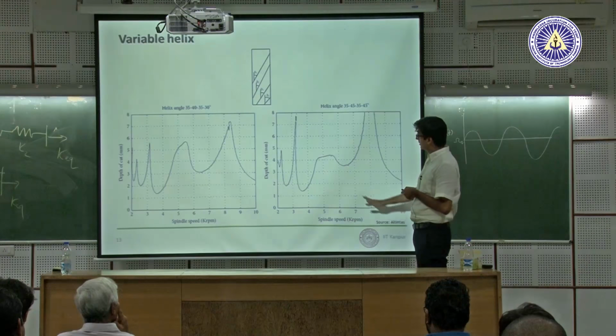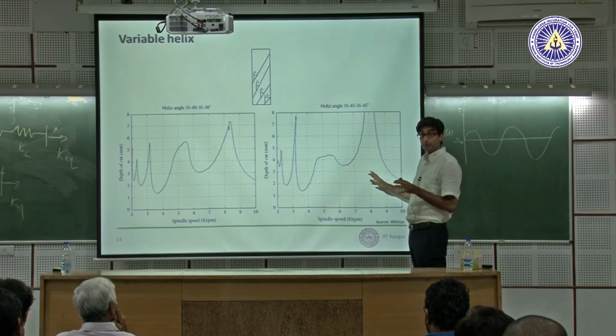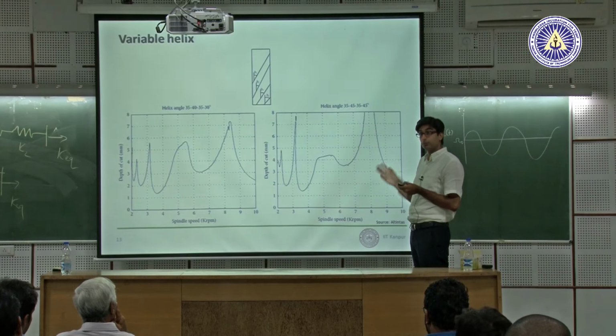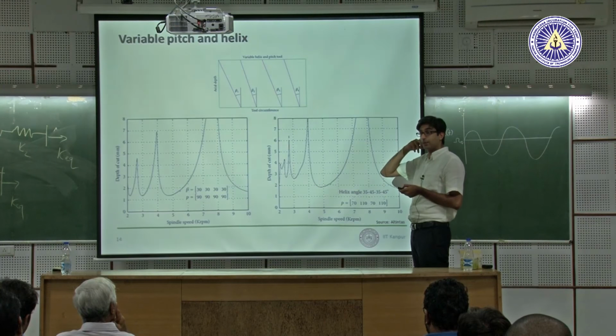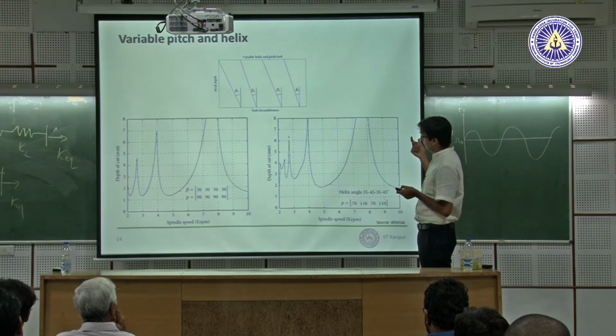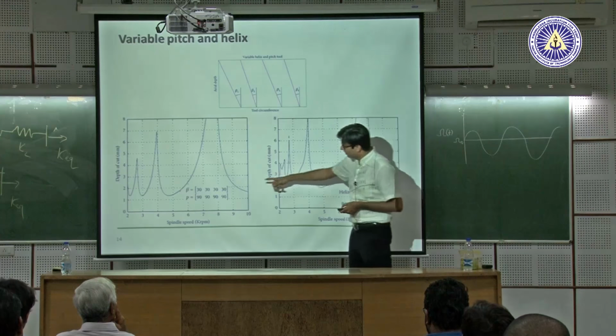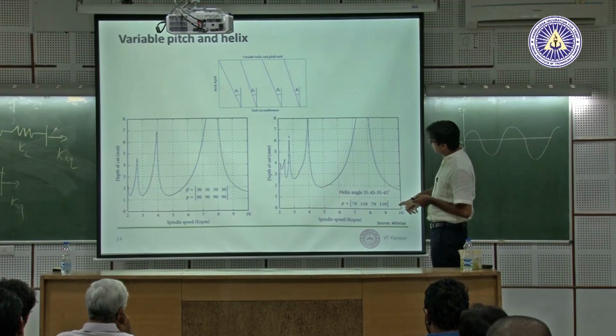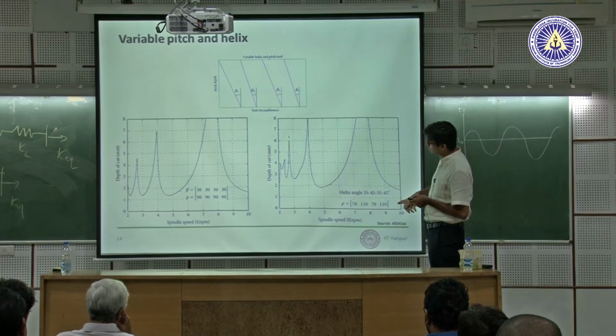Okay. The idea is you can change just the geometry or parameters in your cutter. We showed you what pitch does, we showed you what helix does. Do both: variable helix and variable pitch. This is standard pitch, standard helix. Variable pitch, variable helix. You see what's happened to your stability boundary.